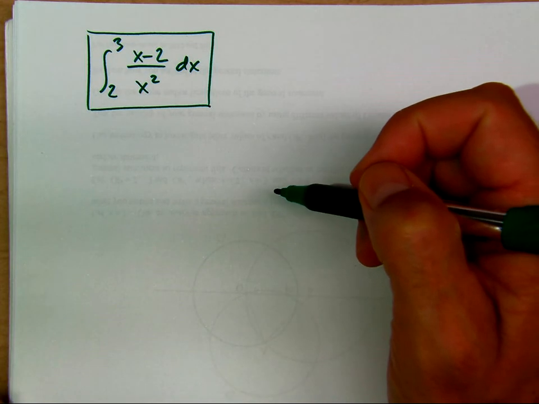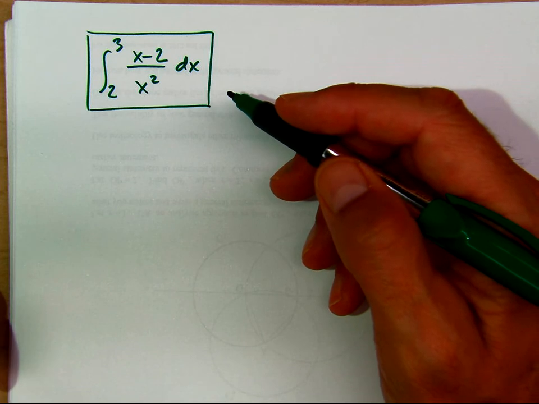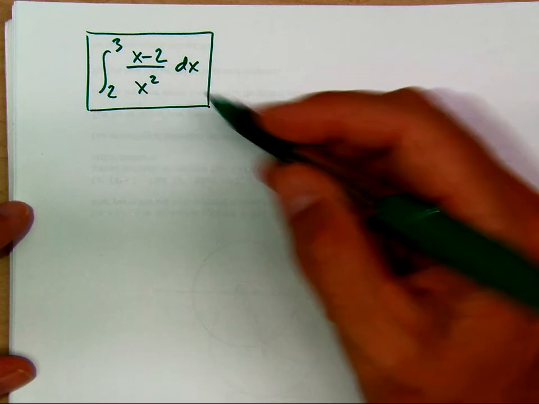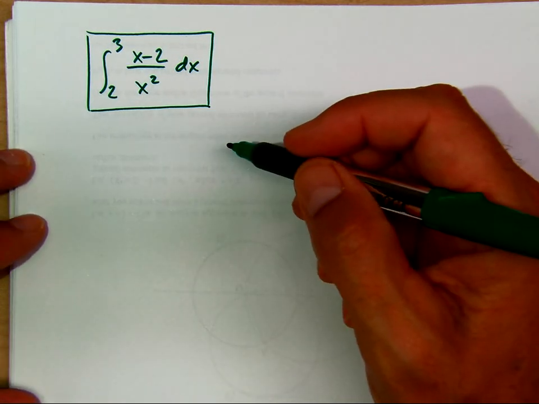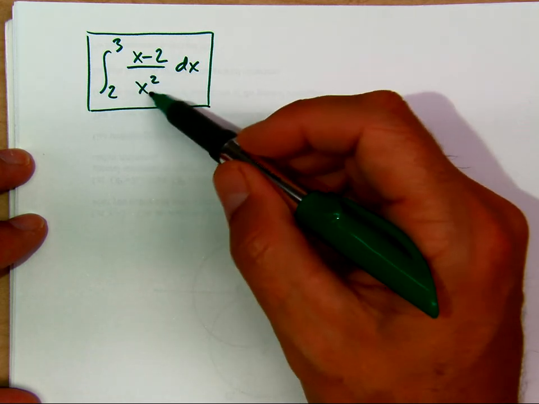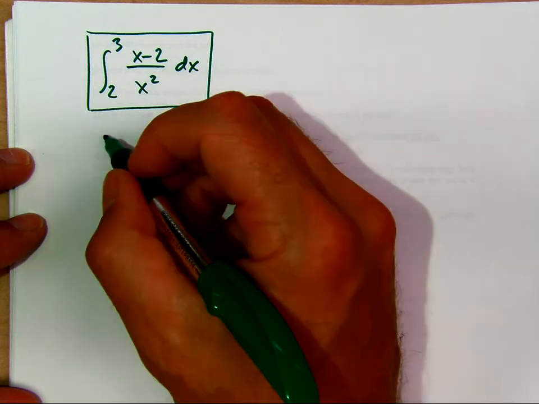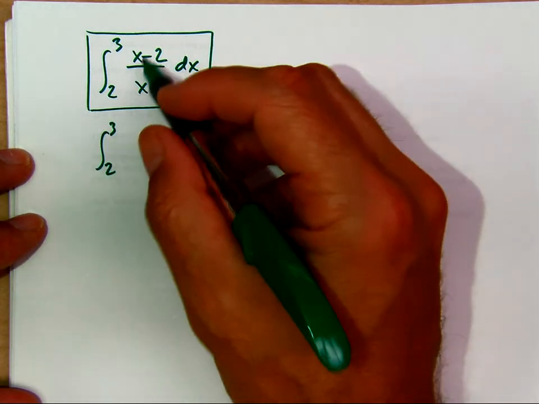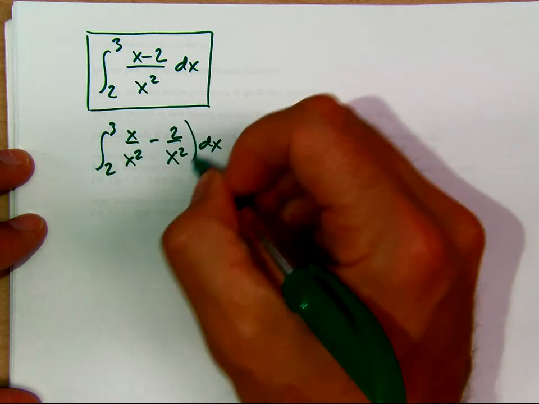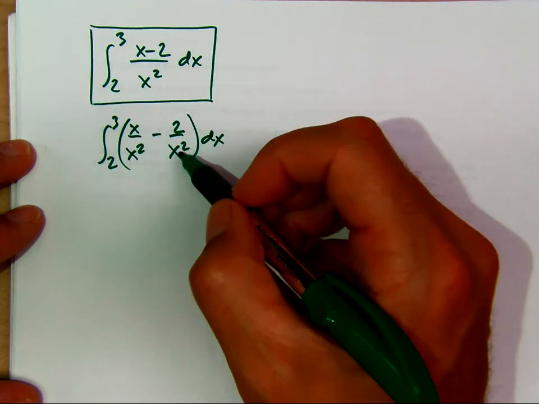Right. So every time we see rationals, we could try just substituting u equals the denominator, but in this case, we need to do something else before that happens. Usually if there's a monomial in the denominator, and not a monomial in the numerator, we want to separate that as x over x squared, 2 over x squared, so that now we can reduce this, and this is not even involving a natural log.